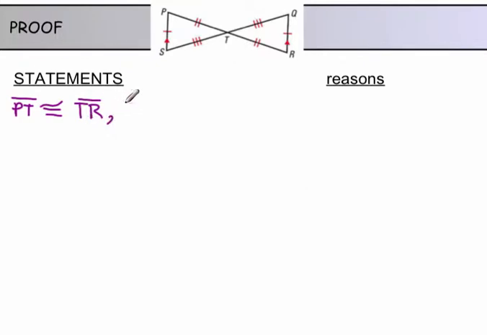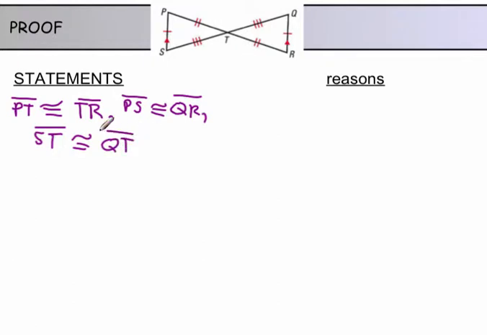Line segment PS must be congruent to line segment QR because those both have one line through them. Okay? And then the last one I know, the one with the 3 lines, line segment ST must be congruent to line segment QT.